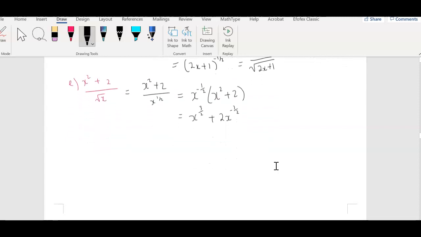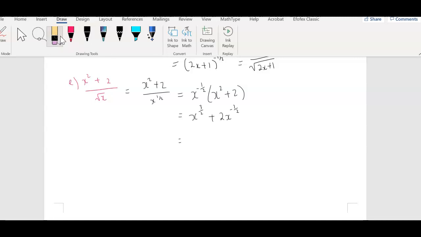All right, so we're not actually going to be using the chain rule for this one. Oops, what am I doing? All right, so now I might do it over here because I feel like I'm continuing on. So let's let y equal this. So dy/dx is equal to 3 on 2 x, and then reduce your power, so it becomes a half, plus, and then we multiply the 2 by a negative half, so it's going to become negative 1 x, and then reduce your power by 1, so it's negative 3 on 2.